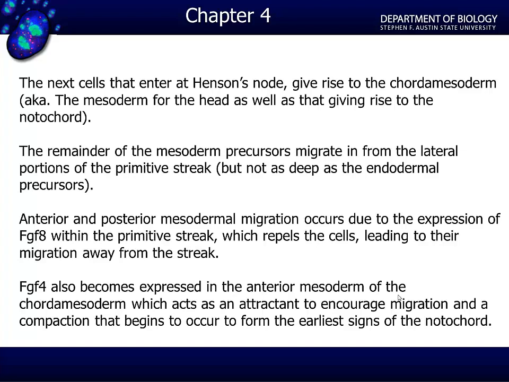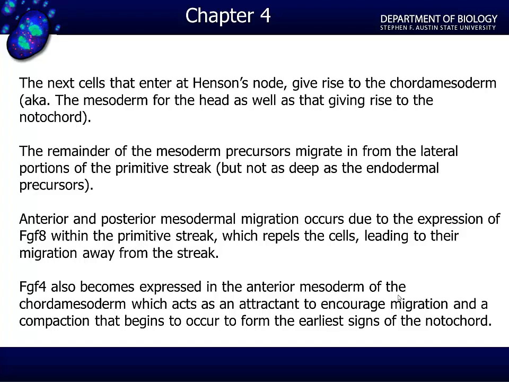So cells that enter, we already saw that the first cells become endodermal cells, and then the middle cells become the mesoderm. Well, mesoderm, as we're going to see throughout development, can be divided up into several different types of mesoderm. And so the first cells that are coming through that are going to be mesodermal are termed chorda mesoderm, because these mesodermal cells are going to be moving anteriorly, and they are going to be moving in toward the region where we're going to form the head, and they're going to give rise to the notochord, hence the term chorda mesoderm.